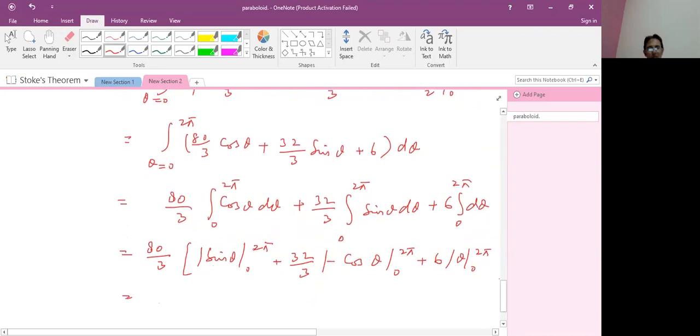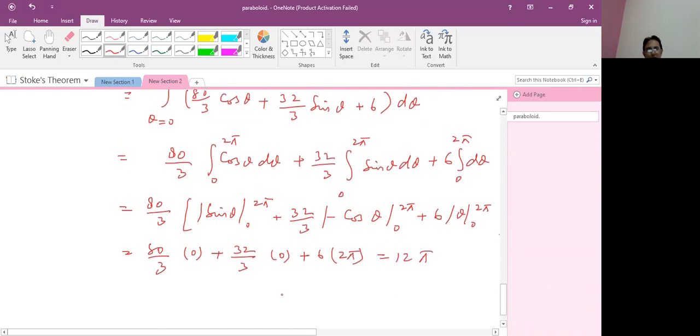Student, when we apply the upper limit, sine 2 pi is 0, so this part is 0. And when we apply cos 2 pi, again this part is 0. Then we are left with 6 times 2 pi, so the answer is 12 pi.